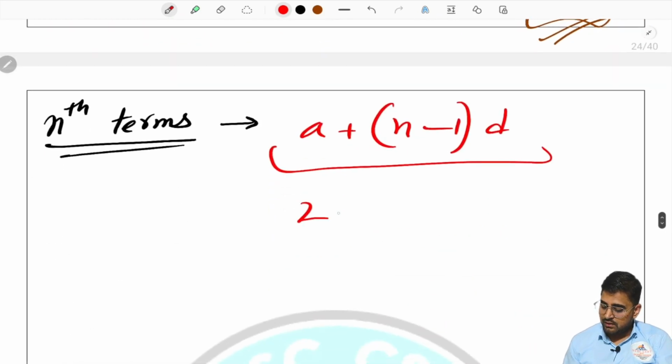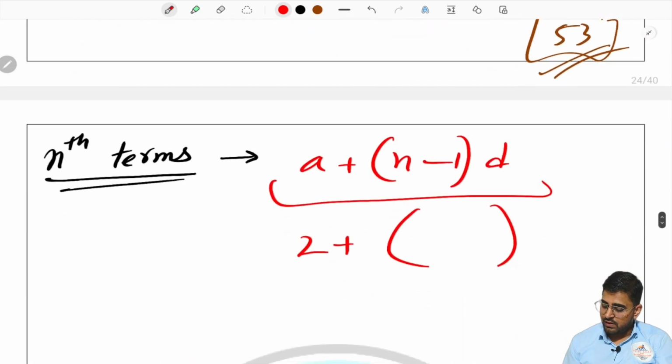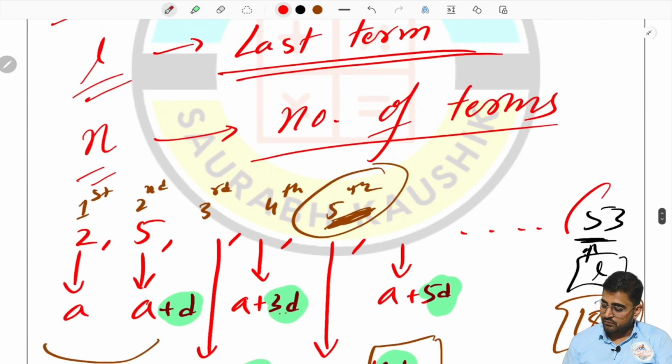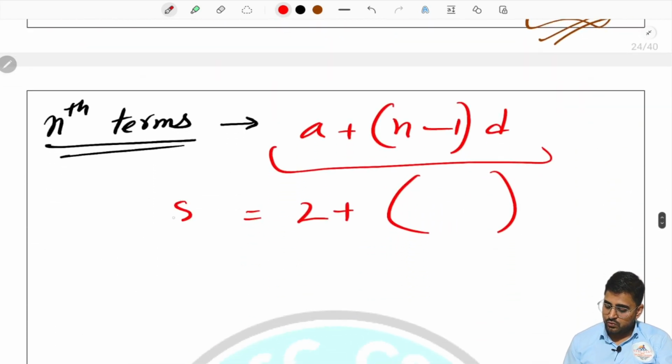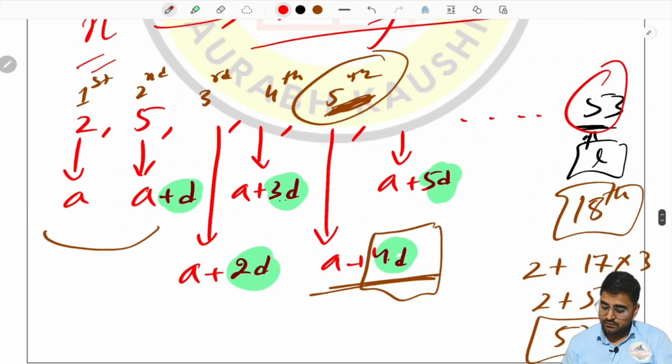So a is 2, n is what we have to find, and the last term is 53. So here you put 53 equals 2 plus n minus 1 into d. We have to find the nth term, how many terms are there? And the difference is 3.